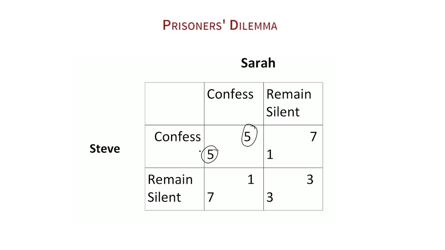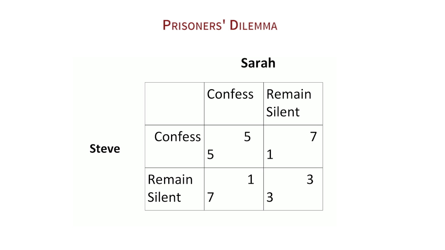He's in the lower left of each box, in this case if both of them confess again. Over here it tells you what happens to Sarah if she remains silent and Steve remains silent. Here's what happens to Sarah if she remains silent and Steve confesses. Here's what happens to Steve if he confesses and Sarah remains silent, and so on. So that's the nature of the game.